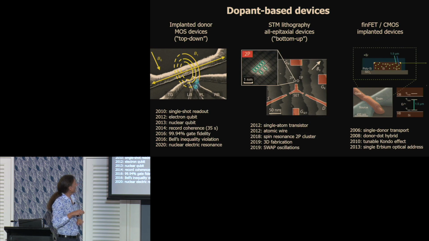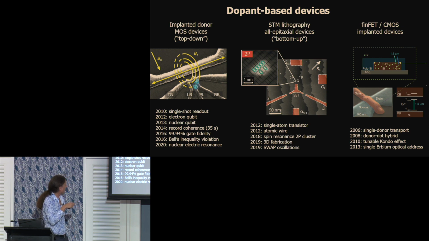All right, I'm conscious of time, so here is a little passage on dopant-based devices. There are 3 types really that have been developed. These are the top-down ion-implanted MOS devices. There's a large silicon MOS quantum dot, and next to it we implant phosphorus donors.